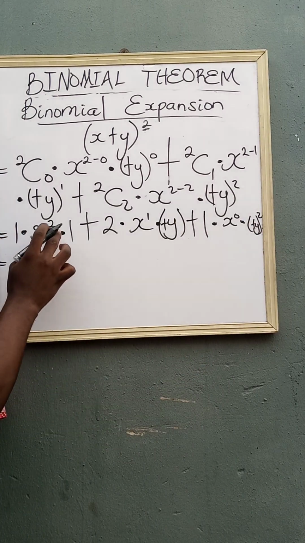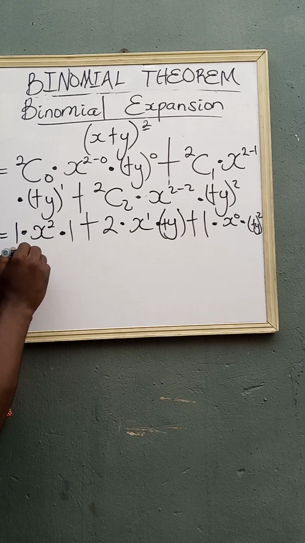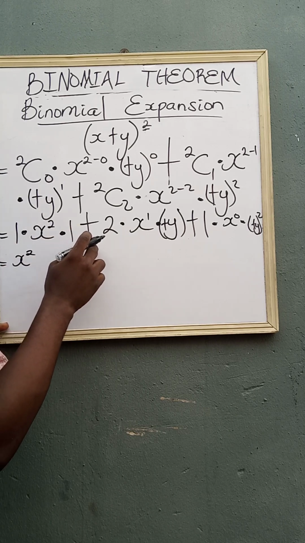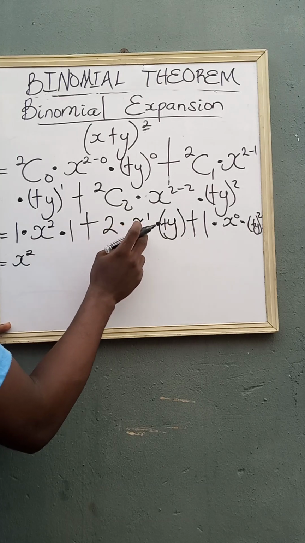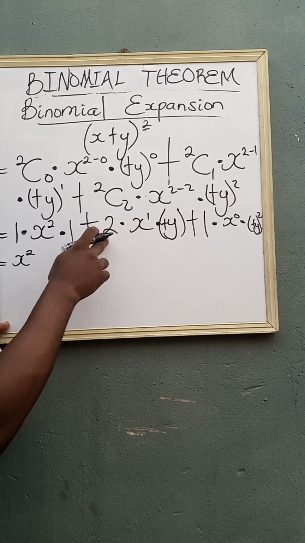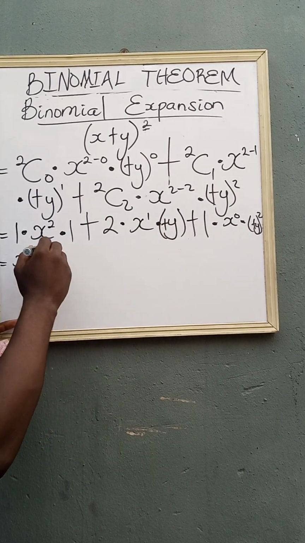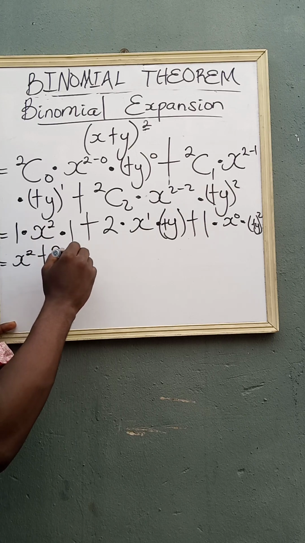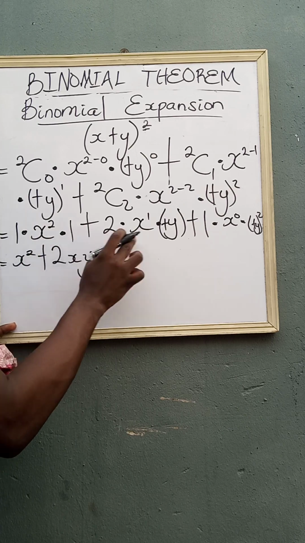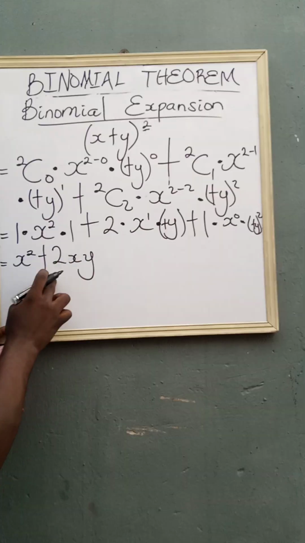Now 1 times x squared gives x squared. Then we have plus 2 times x raised to the power of 1, which gives x. So x times plus 2 gives plus 2, and plus 2 times plus y gives plus 2xy. Remember, plus times plus gives plus, and 2x times y gives 2xy.